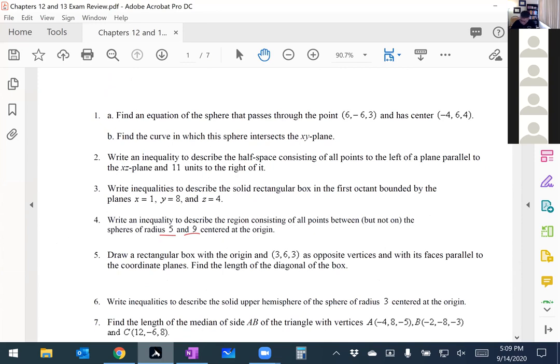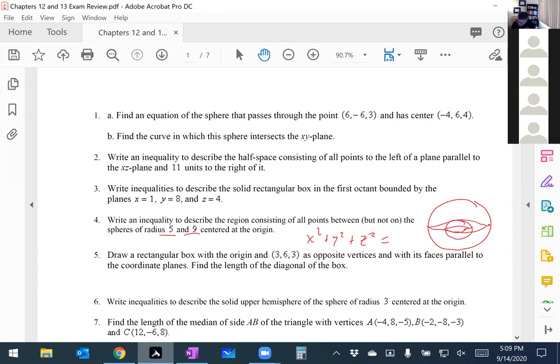So the sphere is x squared plus y squared plus z squared equals r squared, right? So we have a sphere of radius 5 and a sphere of radius 9, right?